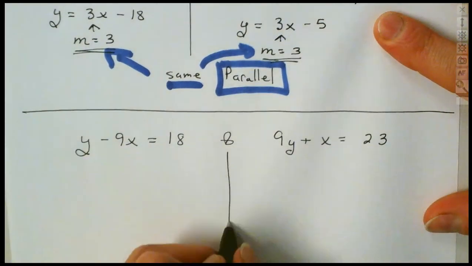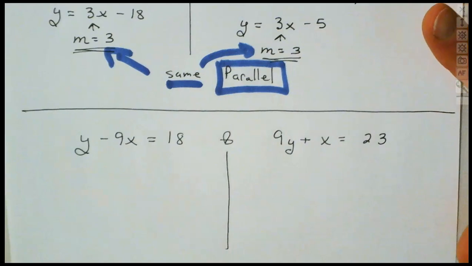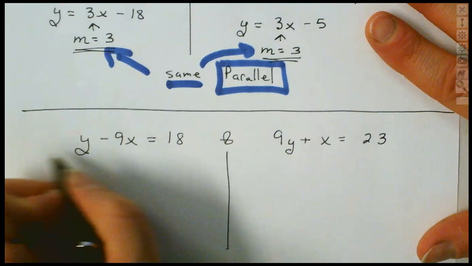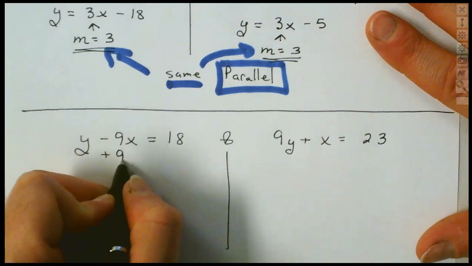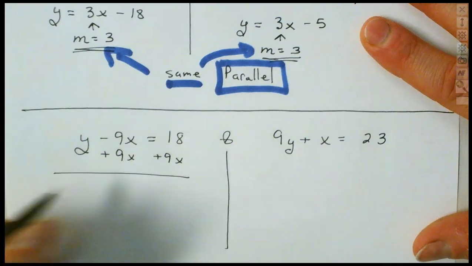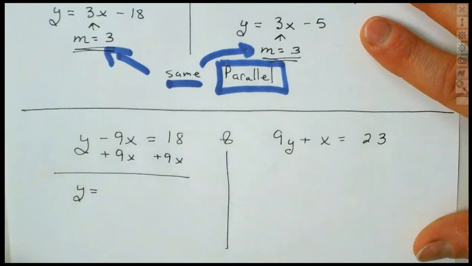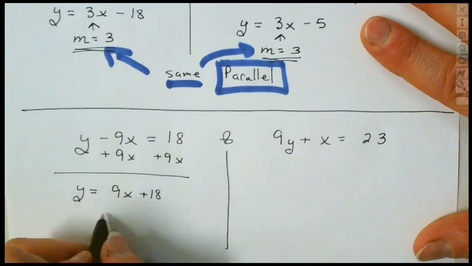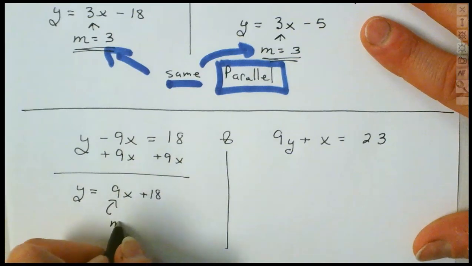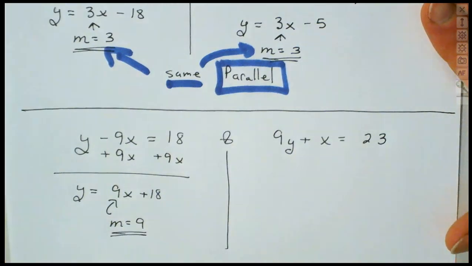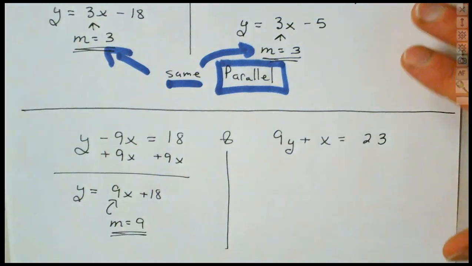Okay. So let's see if these are going to be parallel, perpendicular, or neither. Again, draw your line. We're going to go ahead and solve this for y. So on our first one, we're going to add 9x to each side. And that leaves me with y equals 9x plus 18. My slope would be 9. No major concerns there.